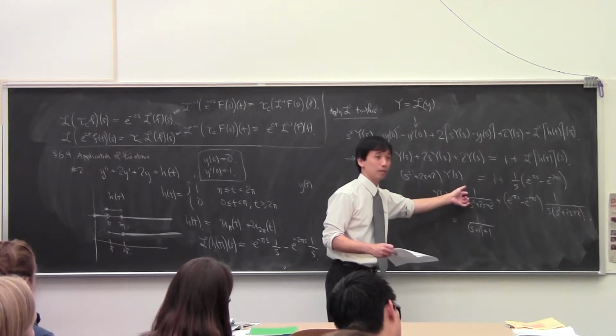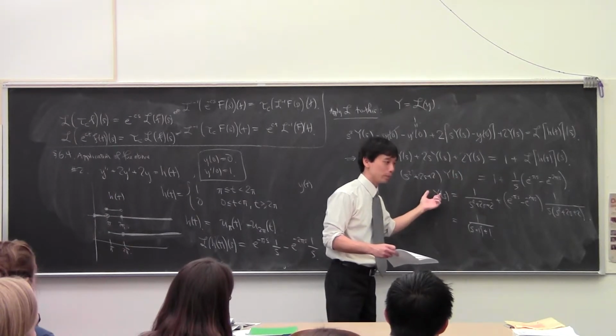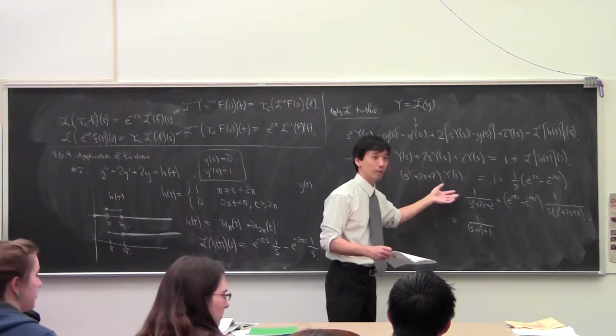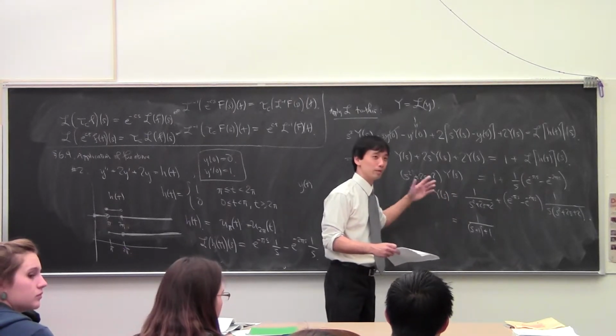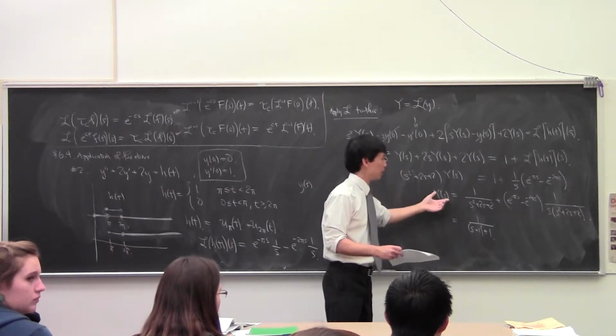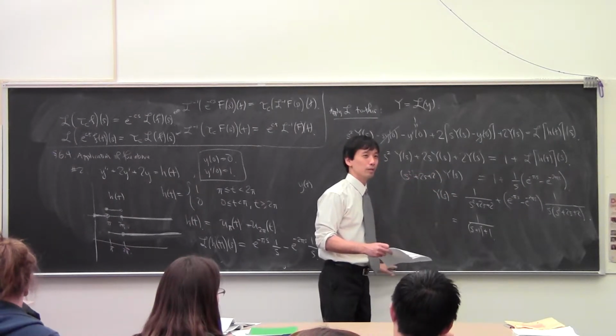It's true this function is not defined at 0, but you don't really care about that. The Laplace transform is this function, and what we want to do is find the inverse Laplace transform of that function, even if that function is not defined at 0. And so we'll use the dictionary to find the inverse Laplace transform of the solution. So that's not the problem.